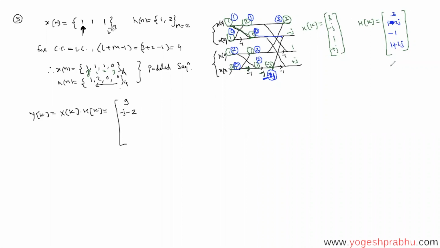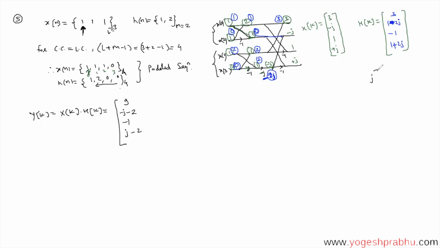Minus j into minus j times minus 2j is going to be positive 2j square, which is negative 2. That's correct. And this value is negative 2 over here. And then 1 times minus 1 is going to be minus 1. And j times this, help me, j minus 2.